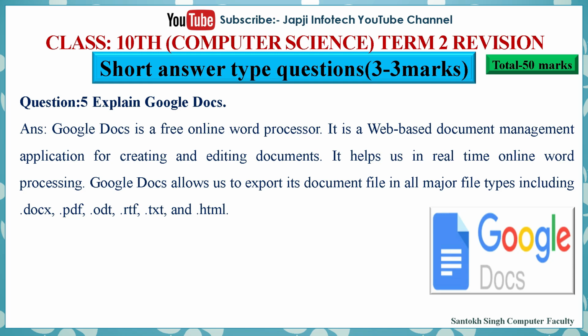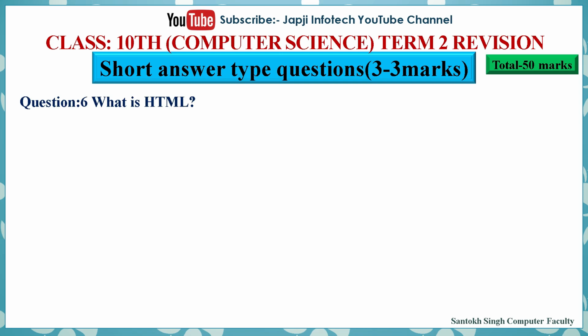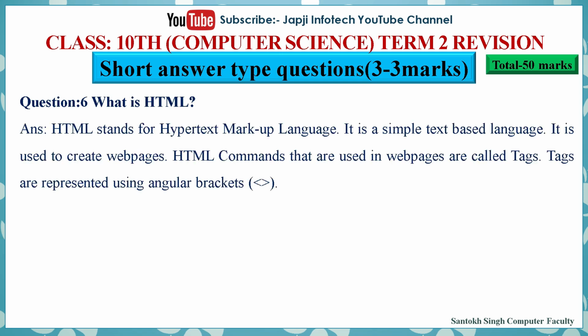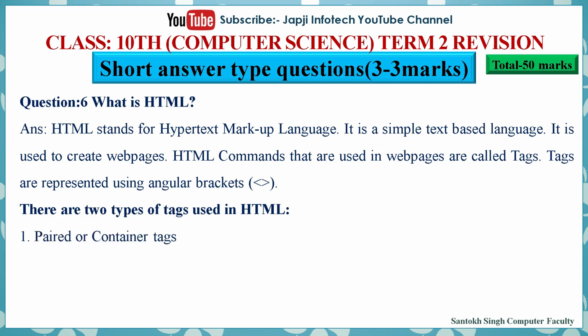Sixth one is, what is HTML. HTML stands for Hypertext Markup Language. It is a simple text-based language. It is used to create web pages. HTML commands that are used in web pages are called tags. Tags are represented using angular brackets. There are two types of tags used in HTML.